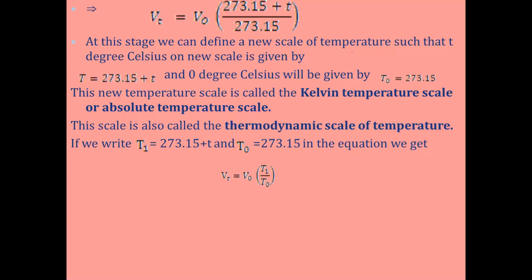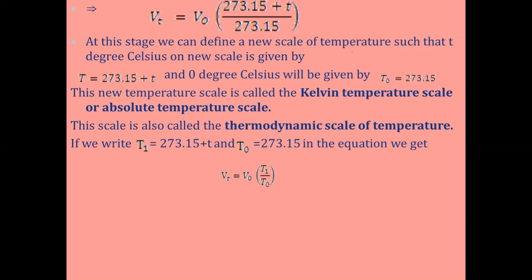So we can write here Vt is equal to V naught, and in the bracket 273.15 plus small t upon 273.15. So small t is the temperature on the Celsius scale. And when you add 273.15 to the temperature on the Celsius scale, it changes into Kelvin temperature, the absolute temperature.